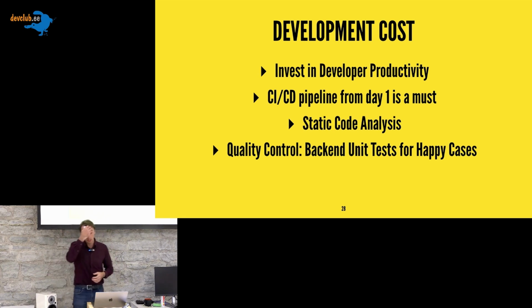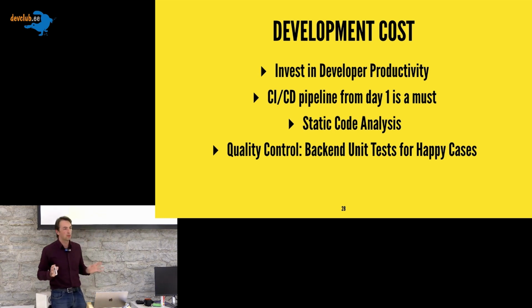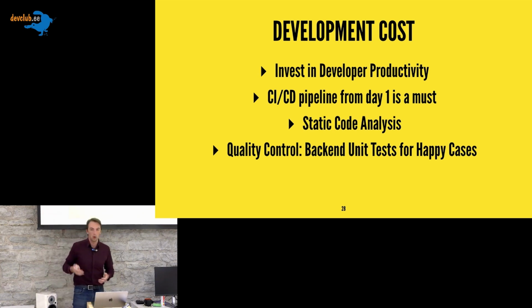So yeah, what this startup has, again, is backend unit tests for happy cases, some of them for error handling, but none of them for UI, because UI and customer-facing products are evolving, and it doesn't make sense because they can redo several pages in one go, and unit tests there don't make a lot of sense.